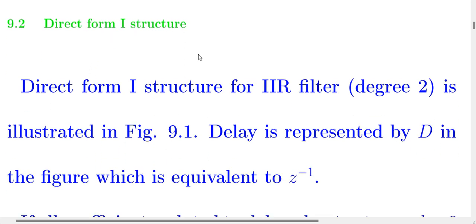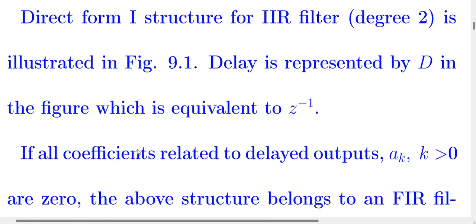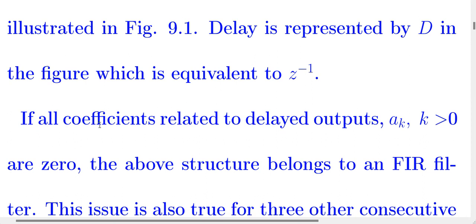Direct form 1 structure. Direct form 1 structure for an IIR filter of degree 2 is illustrated in figure 9.1. Delay is represented by D in the figure, which is equivalent to z minus 1 in the z domain.